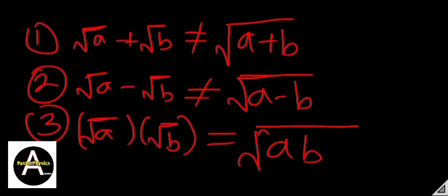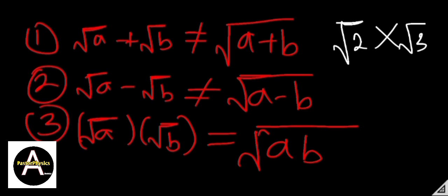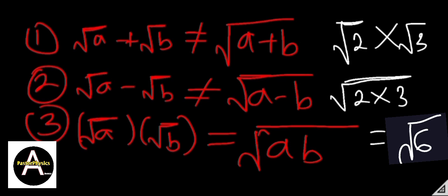What does this mean? If I see a problem like root 2 times root 3, it means that I can just take only one root, then multiply the two numbers together. That will be 2 times 3, and that will be equal to root 6.